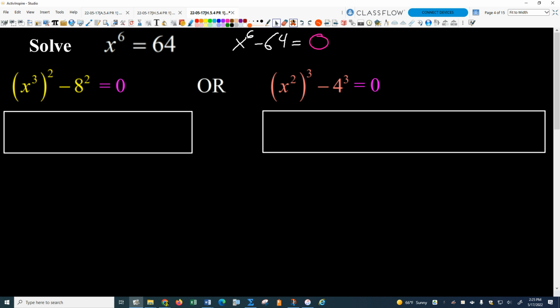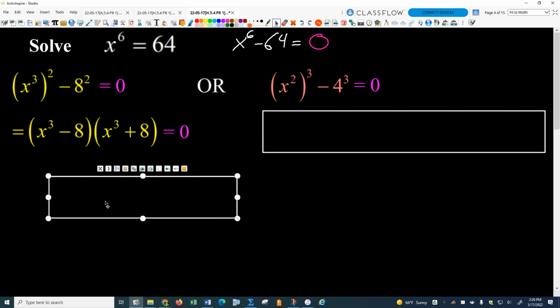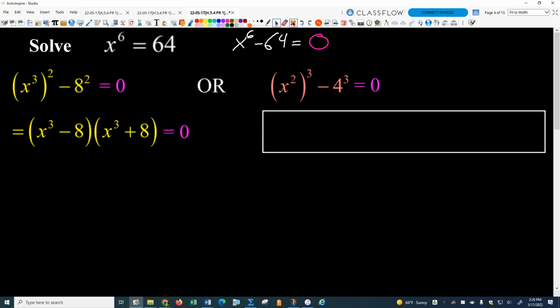So a squared minus b squared factors into, my a in this case is just x cubed, and my b is 8, right? So what's that going to factor into? X cubed minus 8 times x cubed plus 8, right? Okay, agreed? That works out okay. And we could go from there now. We could split each of these up.